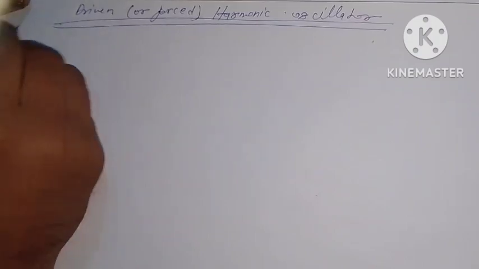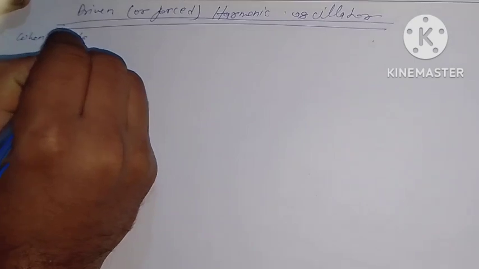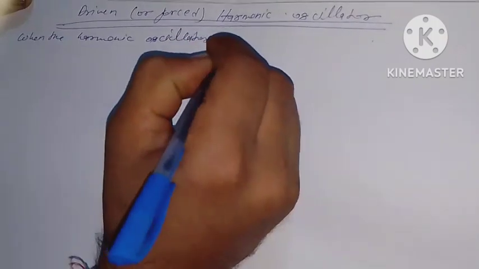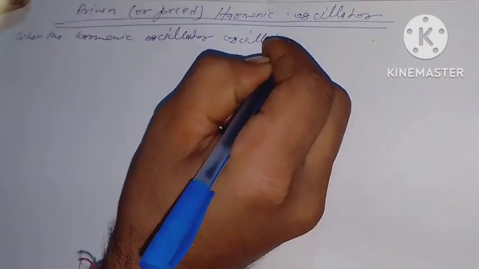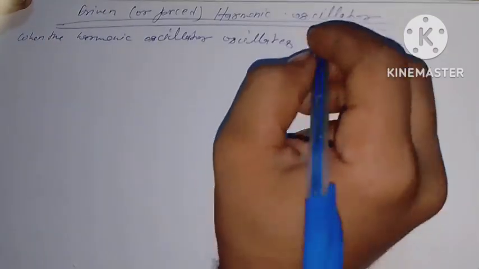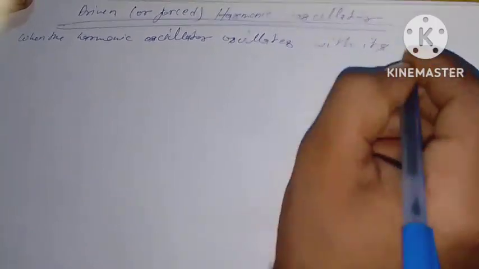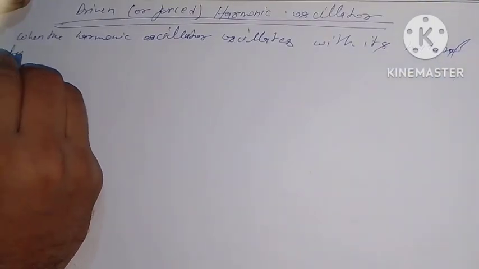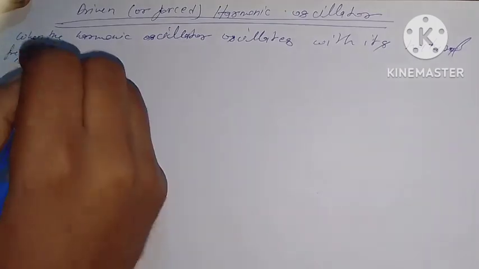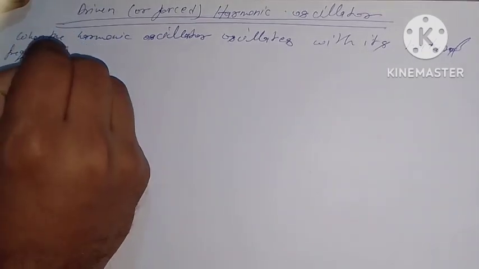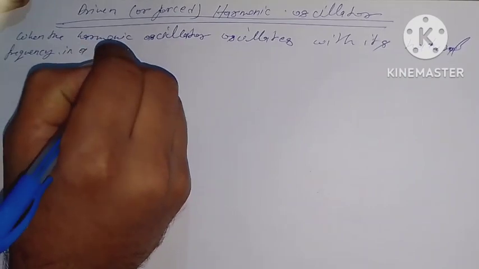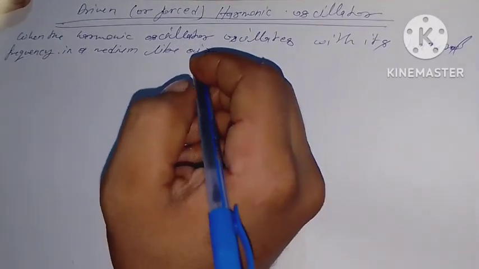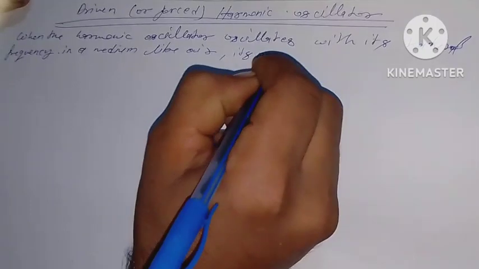When the harmonic oscillator oscillates with its natural frequency in a medium like air, its oscillations get damped.